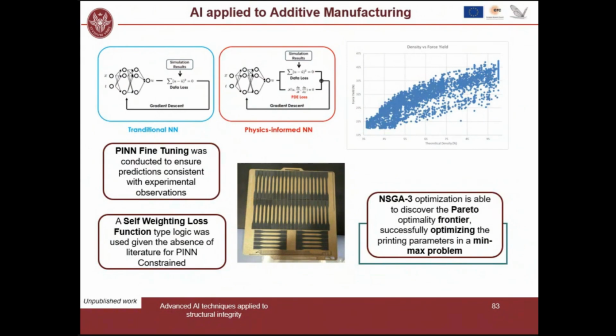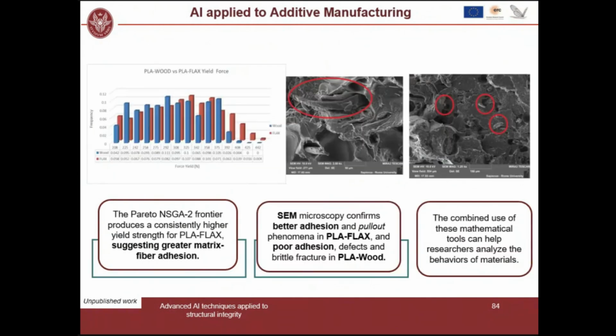And those are the specimens manufactured by hand. Now, one very nice thing emerged at the end of all this framework, and honestly it was a little bit of a surprise. The optimization process was constrained to using only PLA reinforced with wood fiber and with flax fiber.